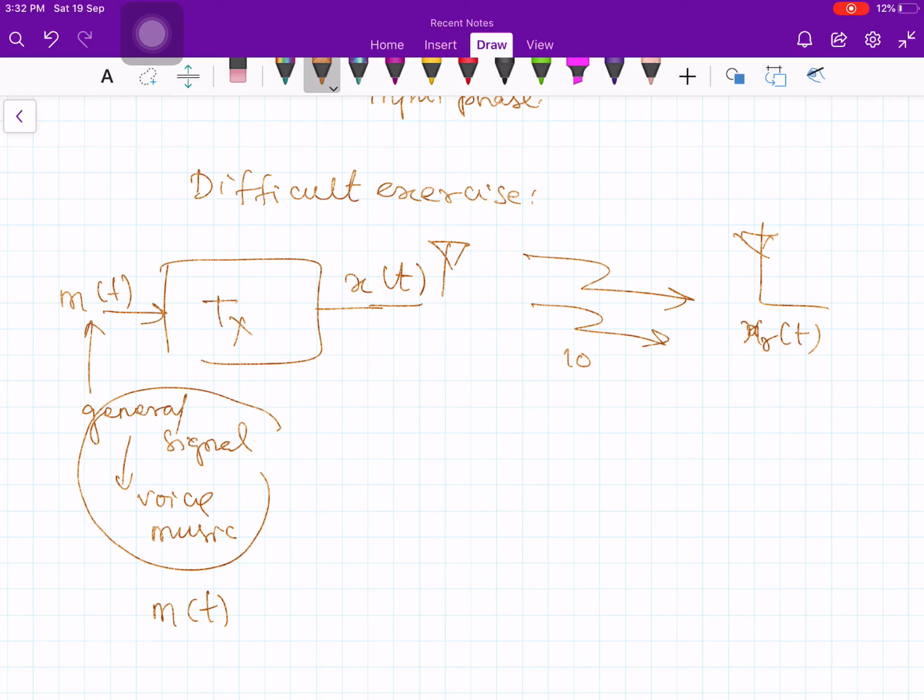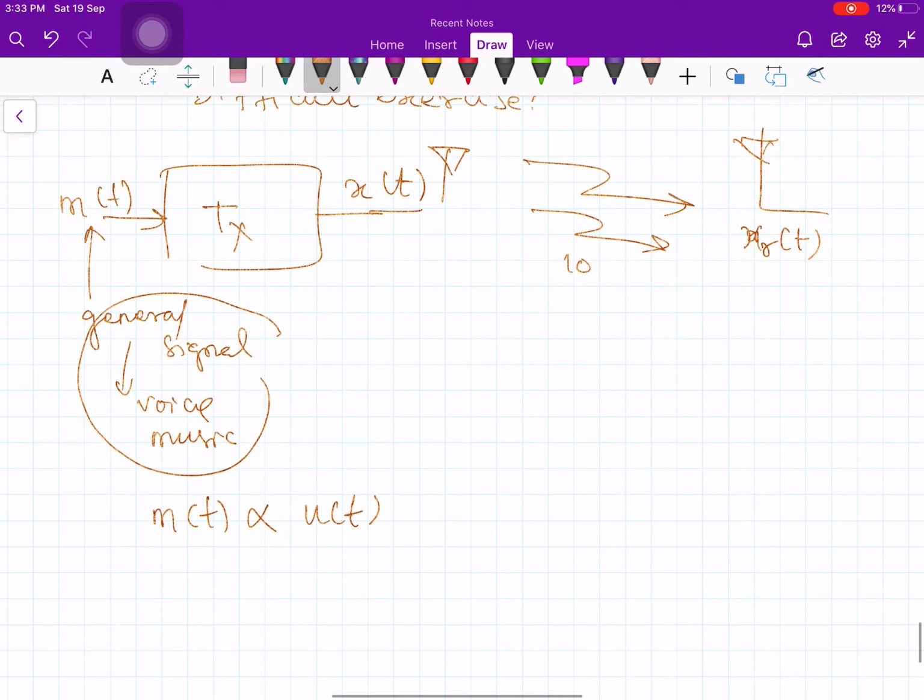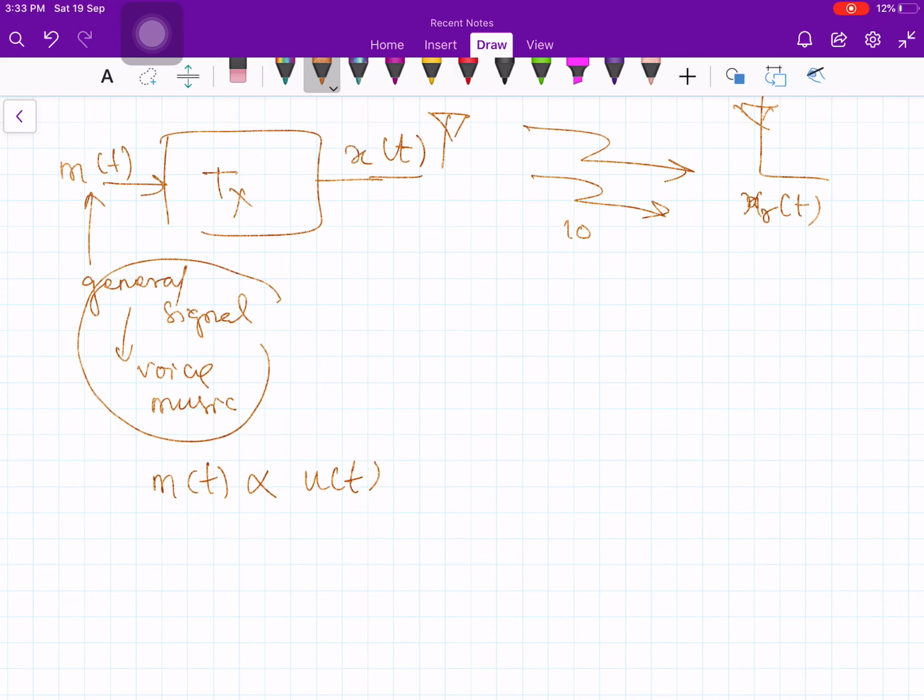So your m of t is, let's say, delta omega times u of t. That is a simplification I am bringing about now to solve this non-linear differential equation. Straight away you cannot solve it, so you do some kind of simplification and try to understand.